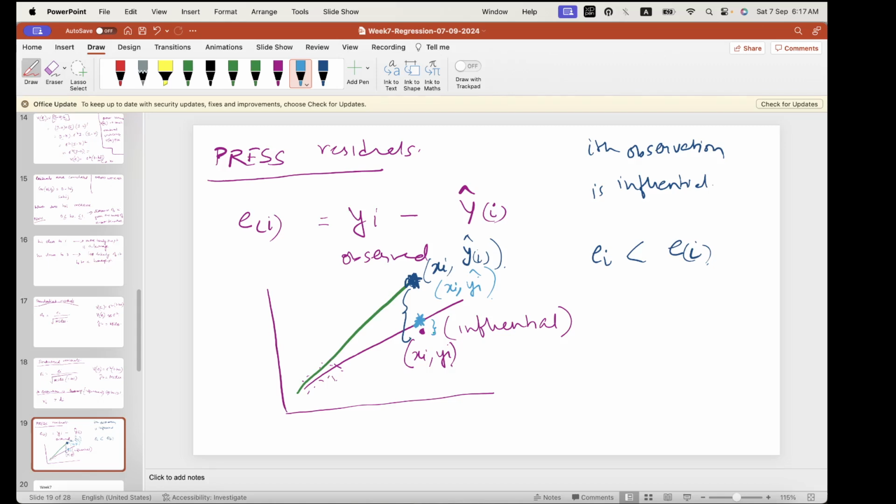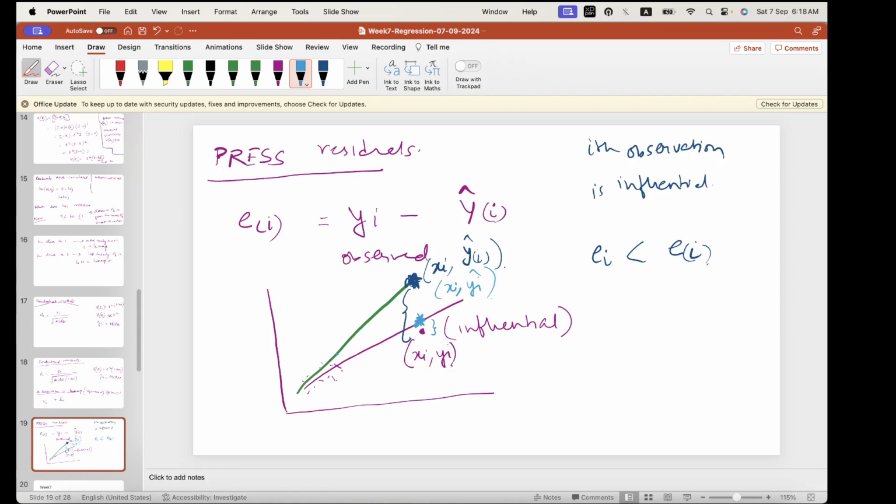But if this point is actually influencing my regression line, pulling or distorting it in any manner, then if I remove it, the difference between the fitted value and the observed value will become way larger. So this is another way to find out whether an observation is influential, by comparing the normal residuals with the PRESS residuals.